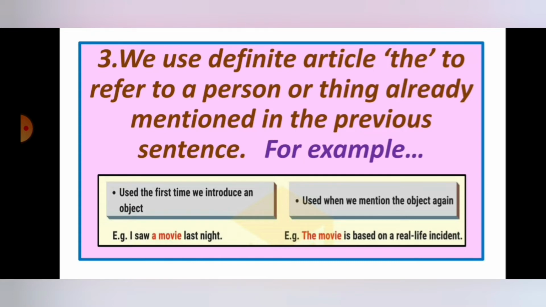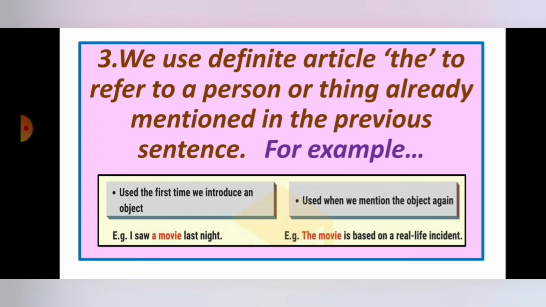Now number 3 is, we use the definite article the to refer to a person or thing already mentioned in the previous sentence. So in the example you can see, first time we introduce an object. Whenever we talk about anything for the first time, at that time we say, I saw a movie last night.